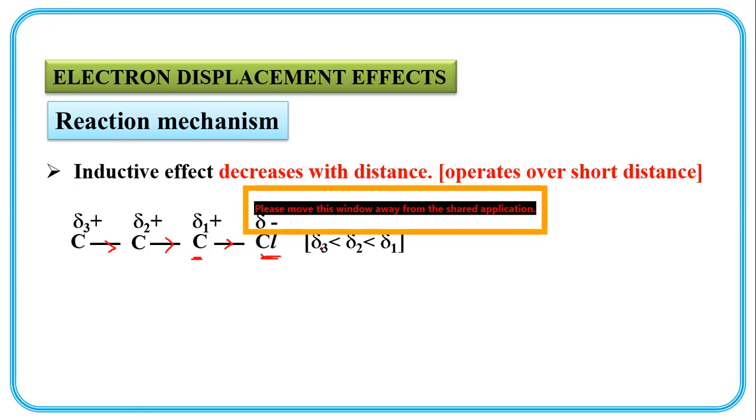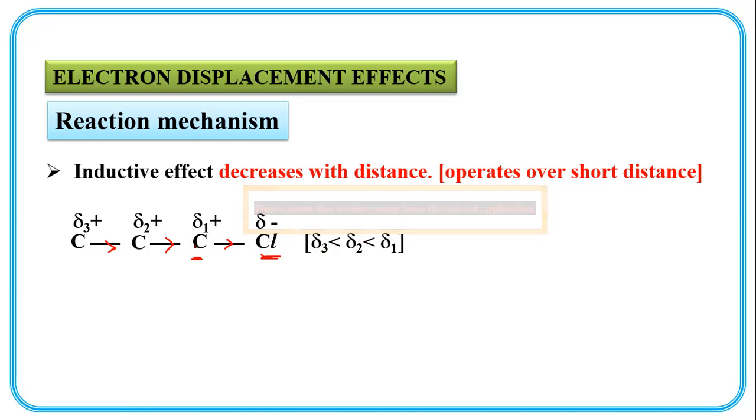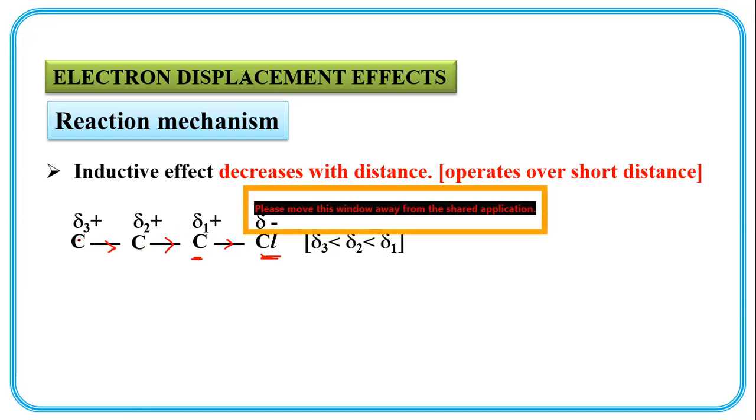But delta 3 is weaker than delta 2, which is weaker than delta 1. So at short distances, up to the second carbon, the inductive effect remains, but after the second or third carbon it is negligible. So the inductive effect operates up to the second carbon.